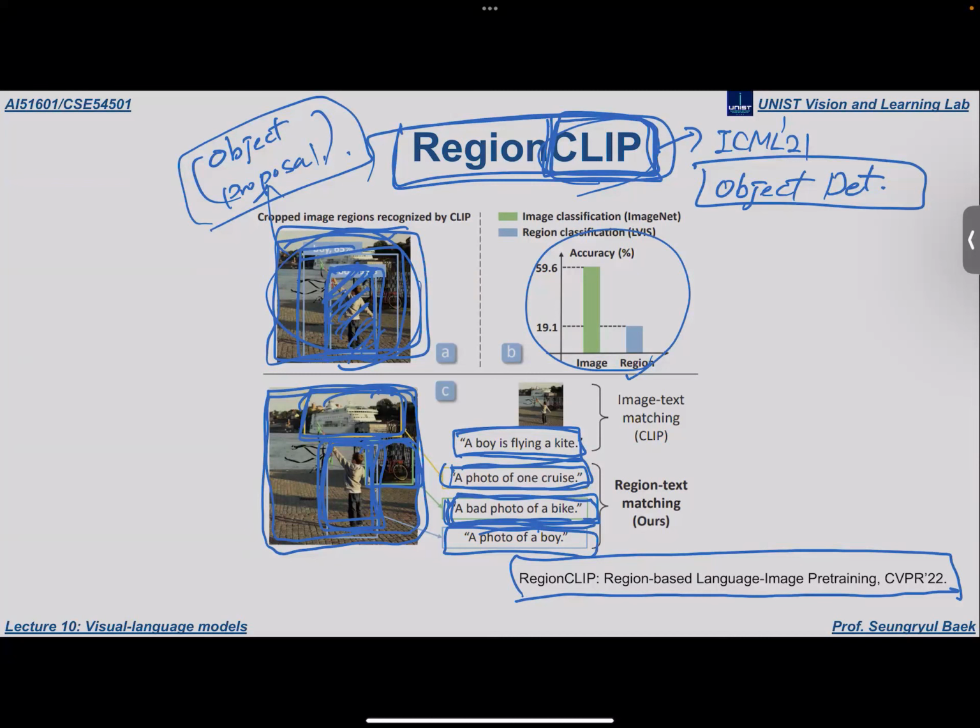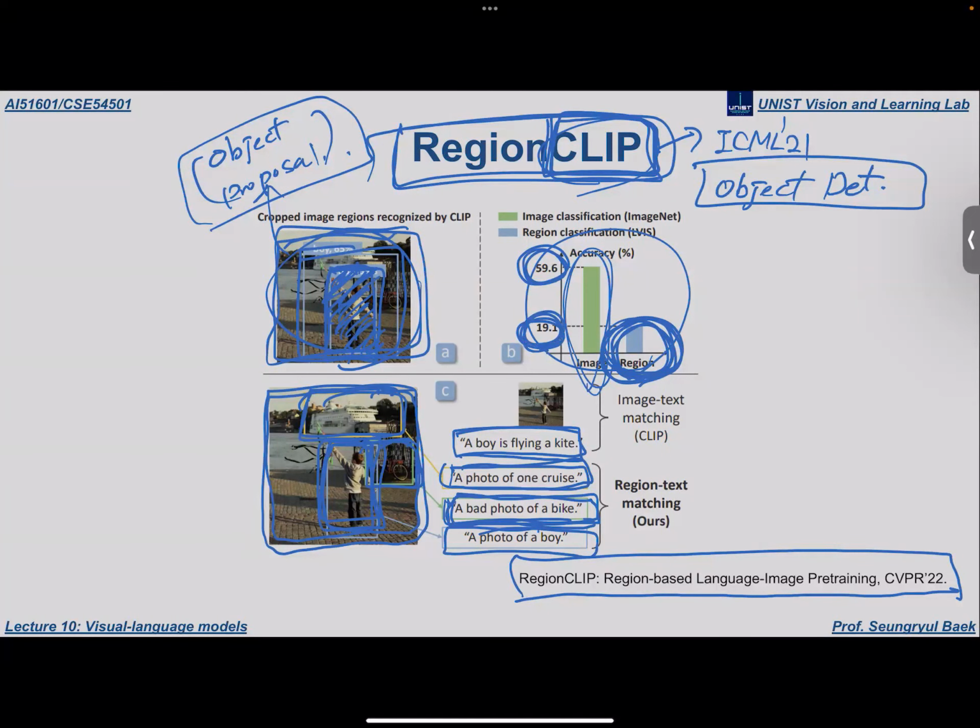If we try to align these regions with the text prompt, this paper reported that the performance is very low. For the entire image, CLIP can align the text and whole image with a certain accuracy, but if they crop the image into multiple objects and try to align regions and text, the performance is very low.